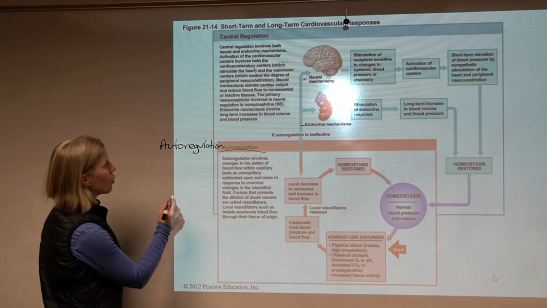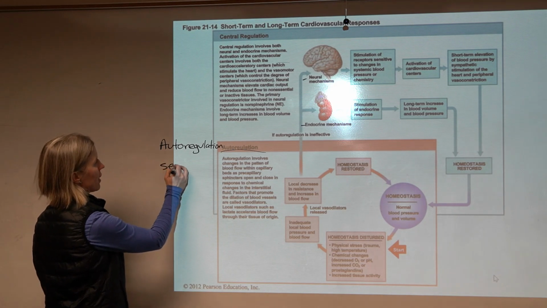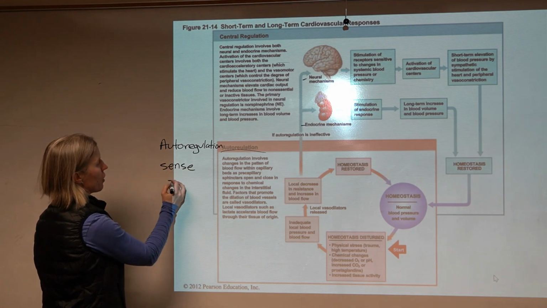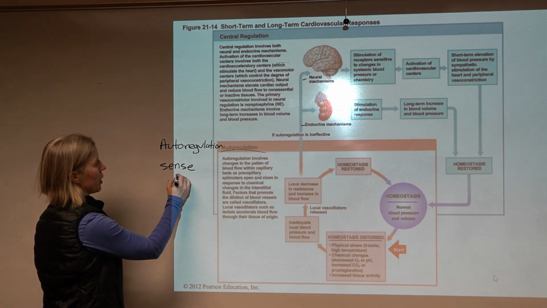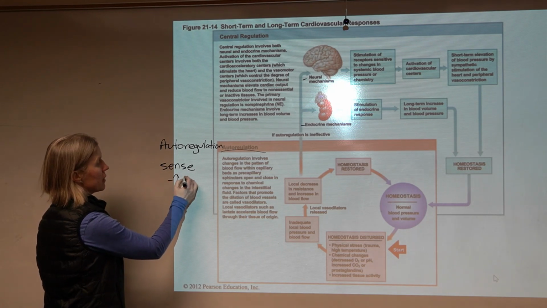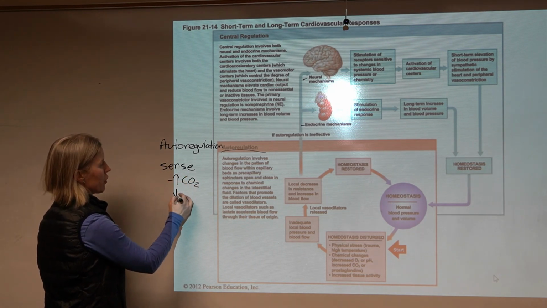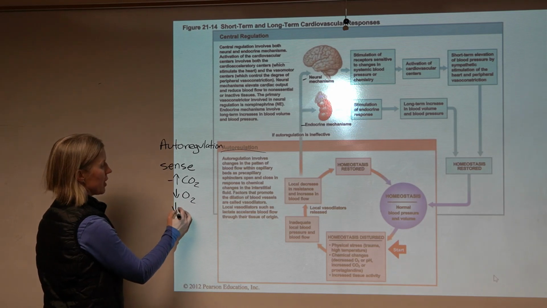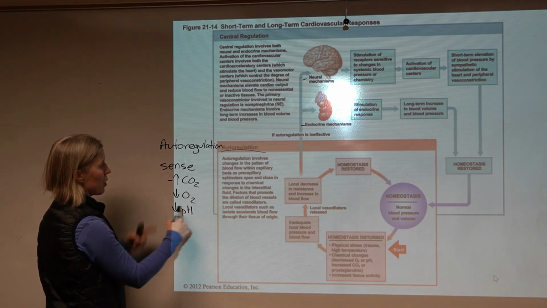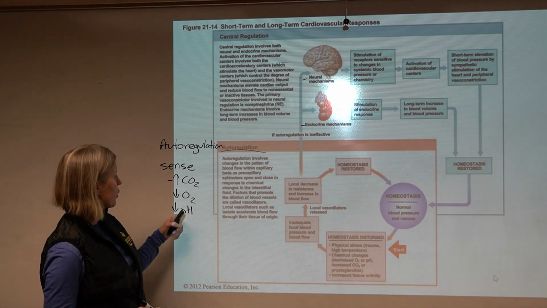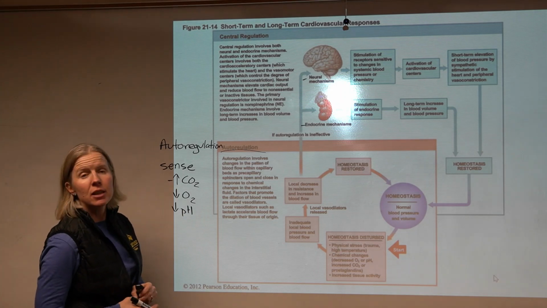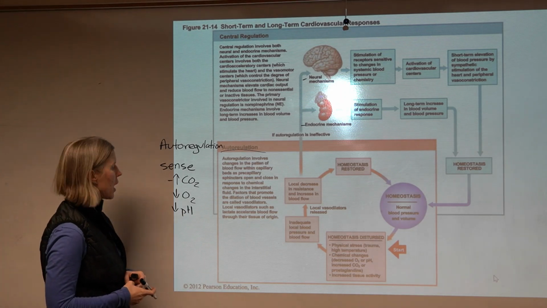So realize here that what we're sensing are things like increases in CO2, decreases in oxygen, a decreased pH, which remember pH and CO2 are always inverse. We kind of use pH as a measurement of CO2 sometimes.